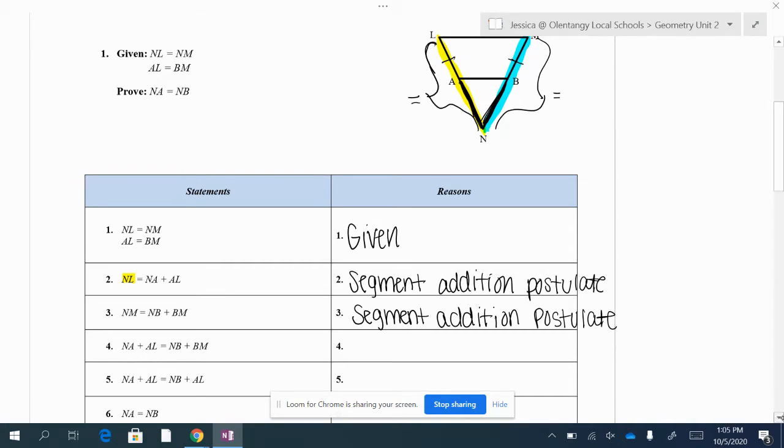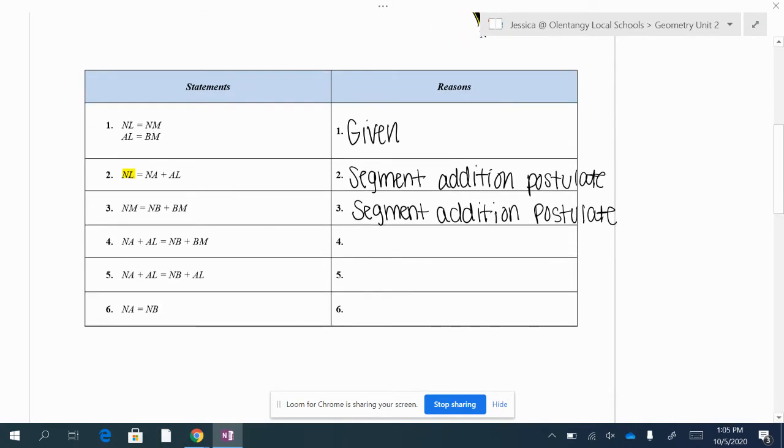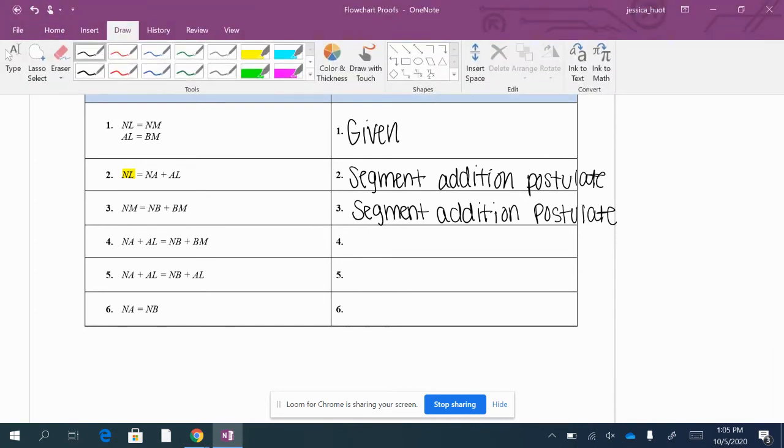And then all of a sudden, we jump down to setting our two equations equal to each other. So NA plus AL is right up here. And then NB plus BM is right here.